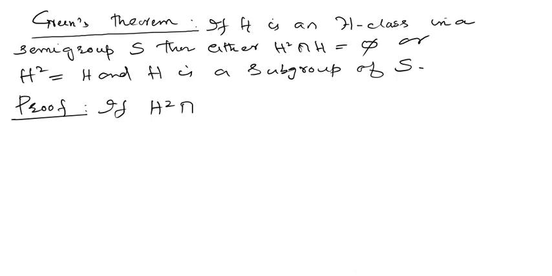So in case H square intersection H is empty, then we have done, because either we have to prove this is empty, or if it's not empty, then H square must be equal to H, and in that case H is a subgroup.